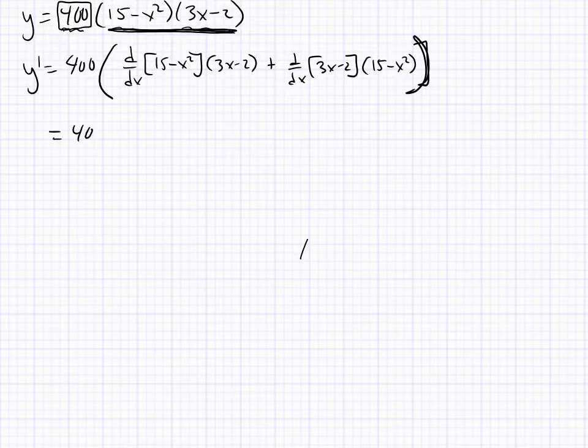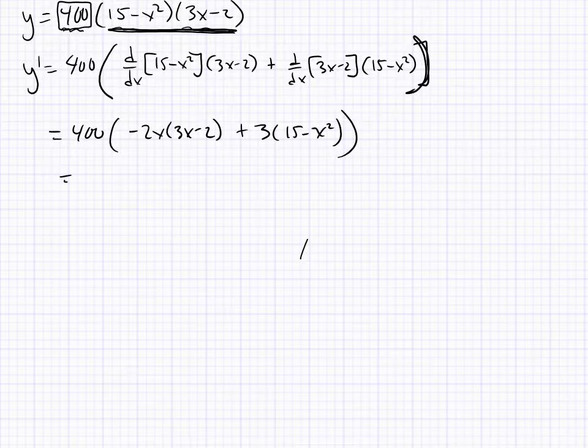So I have 400 times negative 2x times 3x minus 2 plus 3 times 15 minus x squared. So I get 400 times negative 6x squared plus 4x plus 45 minus 3x squared.